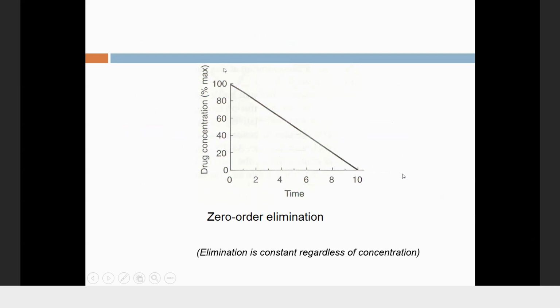So this graph shows zero order elimination. Elimination is constant regardless of concentration. Again, the y-axis is the concentration of drug, and the x-axis is the time.